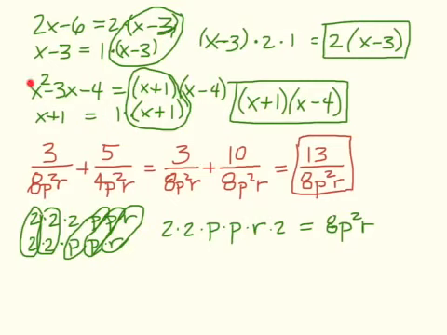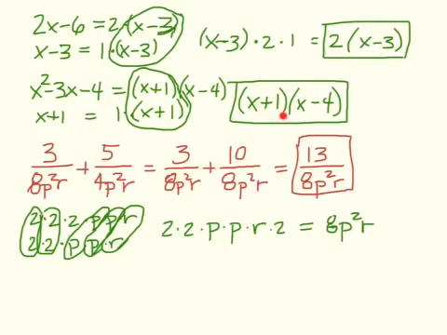Another example. If I'm trying to find the least common multiple for x squared minus 3x minus 4 and x plus 1, the first thing I do is factor x squared minus 3x minus 4. That factors to be x plus 1 times x minus 4. X plus 1 is, if you will, just 1 times x plus 1. Circle the numbers that are in common, write them down one time.